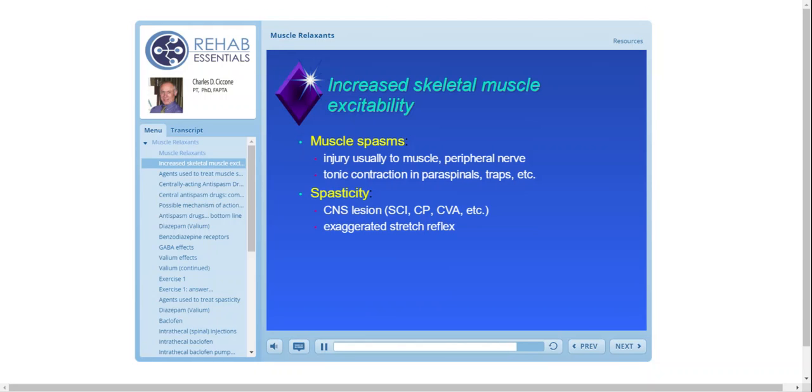If we slowly try to extend the extremity with the spastic muscle, it often can be fully extended or fully flexed depending on the type of spasticity. But if we try to do this rapidly, we get this sudden increase in tone.